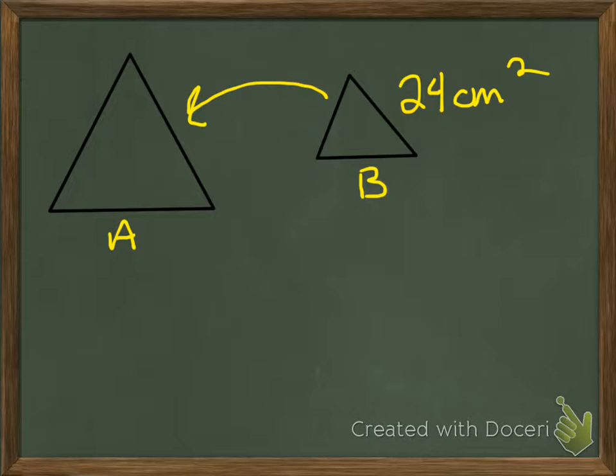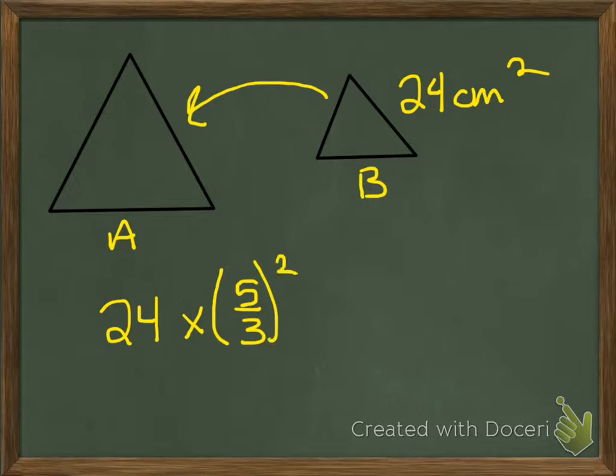And it says if the area of triangle B, so this triangle, is 24 centimeters squared, what is the area of triangle A? So remember, you just go back to the formula, the original area, because you don't have any dimensions, so you can't apply the scale factor to the dimensions to figure it out. So the original area is 24, and you're going to multiply that by the scale factor, which is 5/3. And then don't forget, what do we have to do to the scale factor? We have to square it.